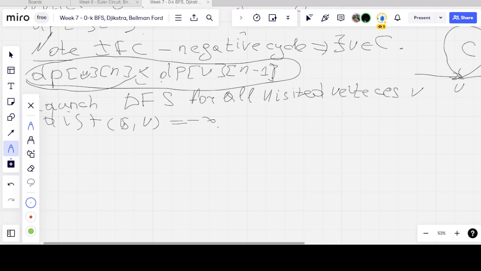Can you ask the question in chat? Okay, I didn't see questions, but I have questions to you. So I turn off translation if you have any questions.